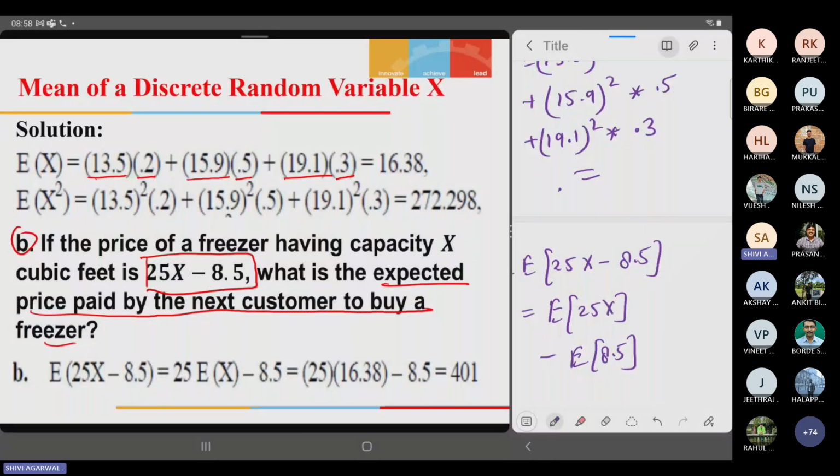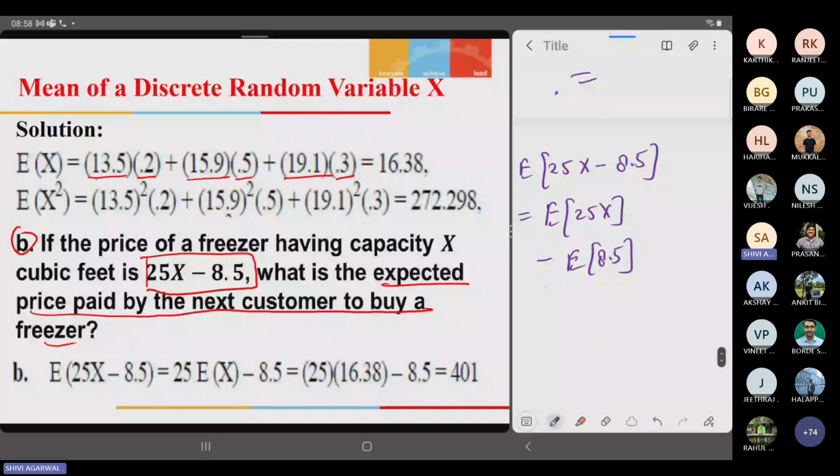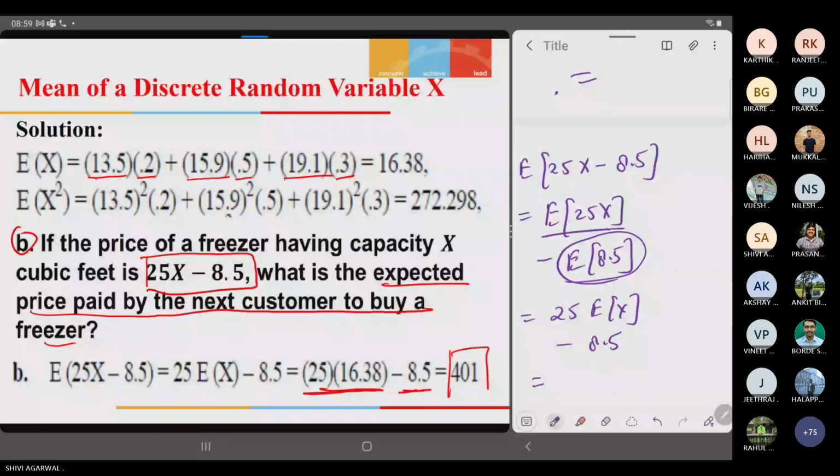In this one we are just using this part, and now we can say this one is equal to 25, the scalar coming outside, expected value of x minus 8.5. The mean of a constant value is the same, 8.5. So it is 25 of 16.38 minus 8.5. So it is coming 401.